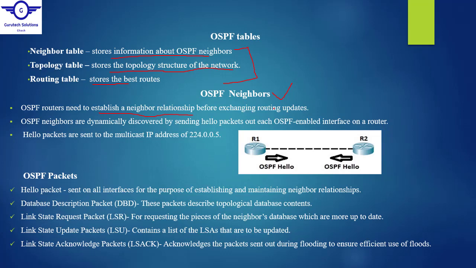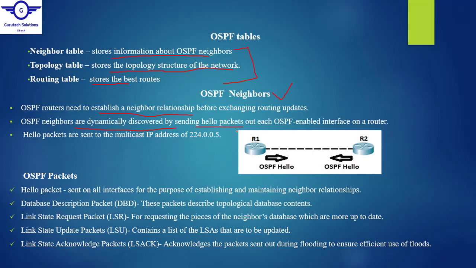OSPF neighbors are dynamically discovered by sending hello packets. For a given period of time, each router sends a hello packet in order to dynamically discover any OSPF neighbor nearby.